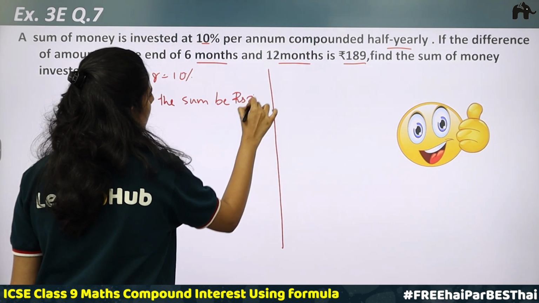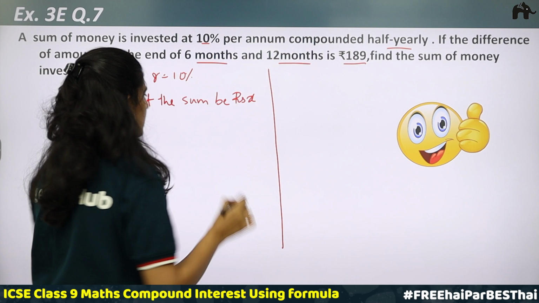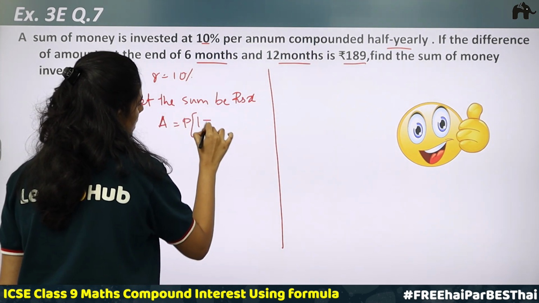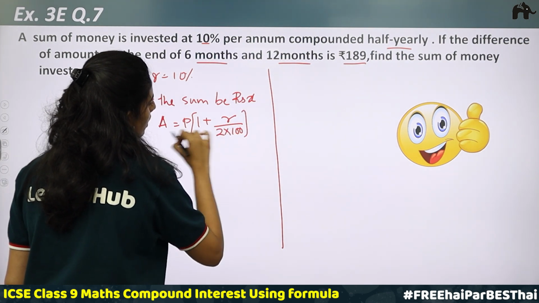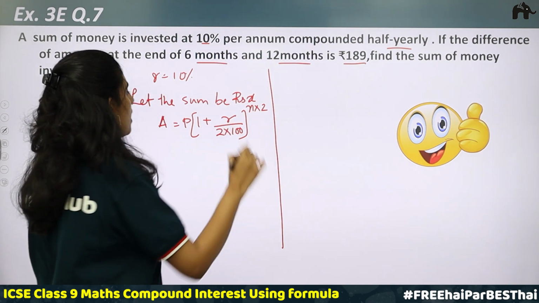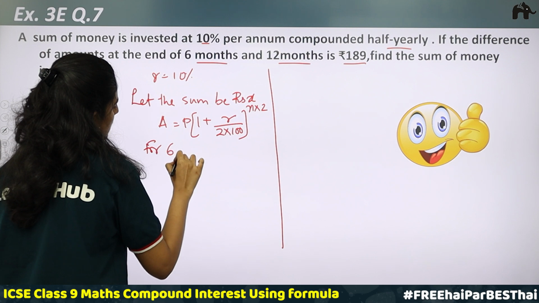some rupees X. Okay. So here the interest is compounded half yearly, which means the formula will be, amount will be equal to principal into 1 plus R divided by 2 into 100 raised to N into 2. Okay. Now, we'll find for 6 months first.